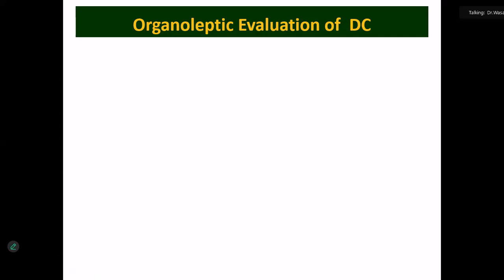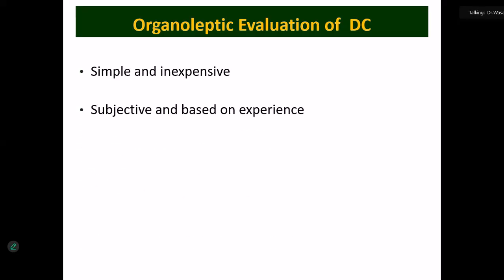We have five sensory organs. Number 1, touch, feel by fingers. Number 2, eye, vision, color. Then nose, smell, and so on. Likewise, number 1 is simple, subjective, based on experience, just like tea.